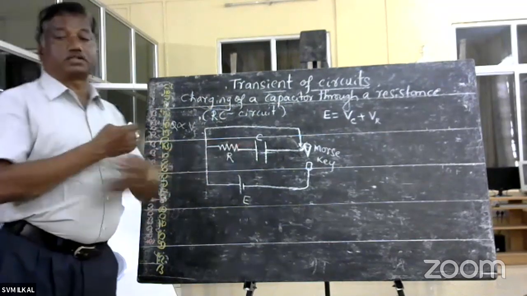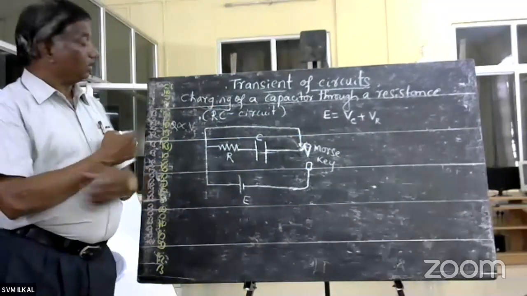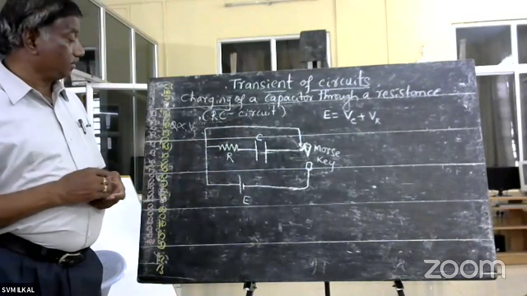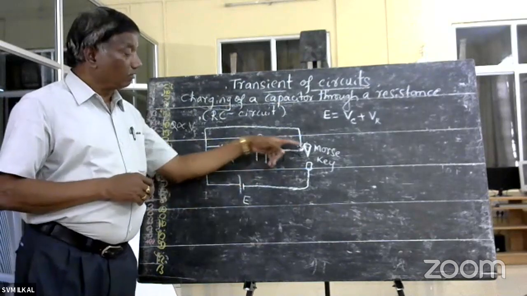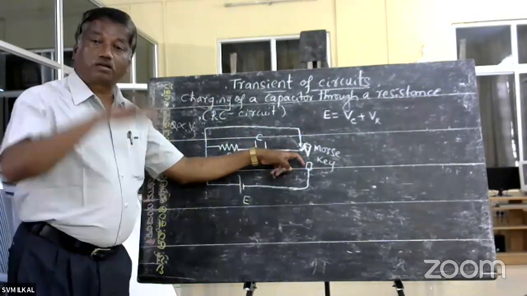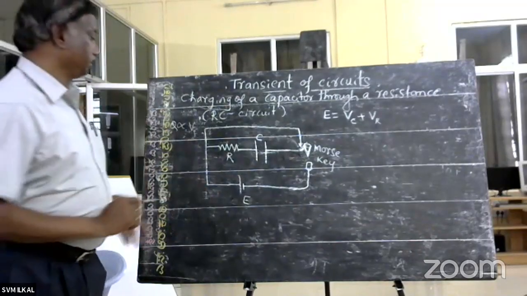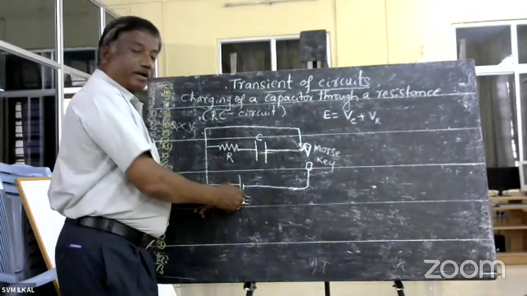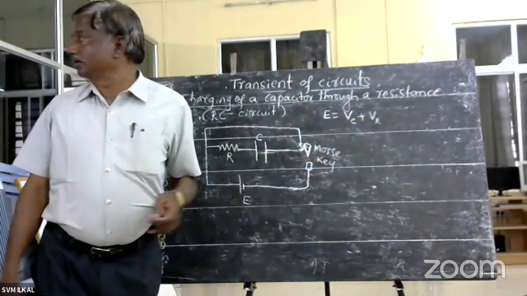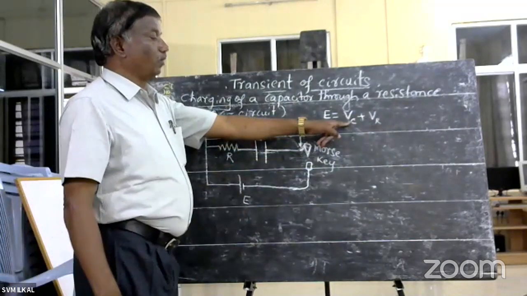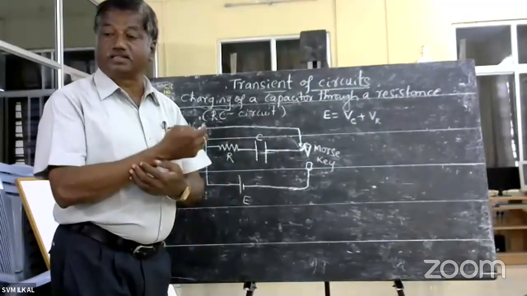So as there are two elements here, one a resistance, another a capacitor, and these two are in series, there is a certain voltage across R and a certain voltage across C when the charging key is pressed. When the charging key is pressed, current will start to flow. Now, the total EMF of the battery is equal to what in this case? That is always VC plus VR. VC is the voltage across the capacitor, and VR is the voltage across the resistance.